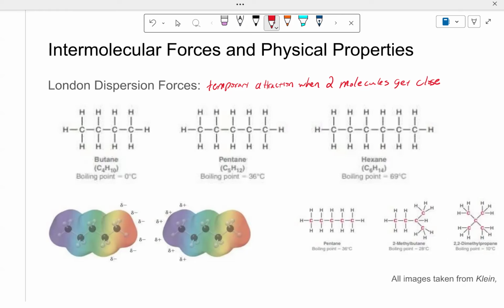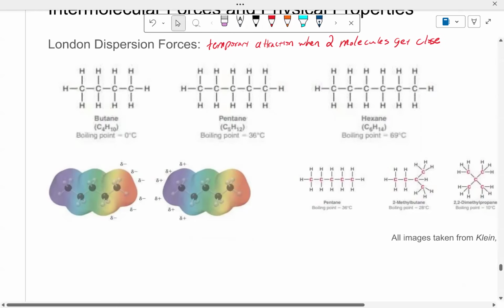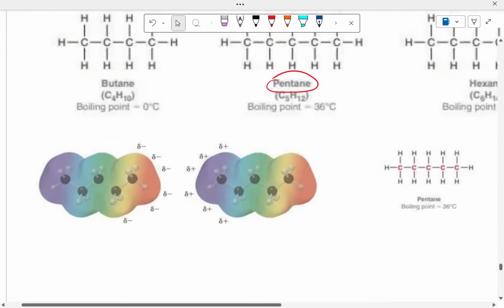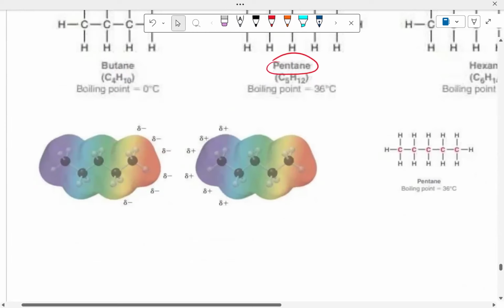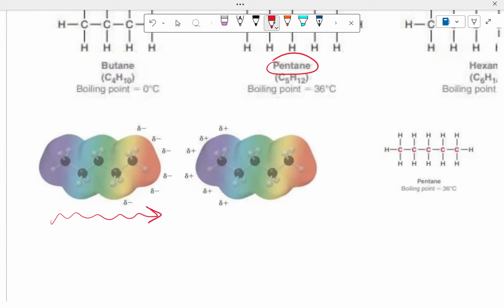Here's what I mean by that. Let's look at pentane here. Pentane's got 5 carbons in it. I want you to look at these electrostatic potential maps here. As one pentane molecule gets close to the second one, the electrons between them don't like to get close together, because electrons don't like to be close. So literally, as they get close, the electrons on this side of the molecule are like, hey, we gotta bug out for a little bit.